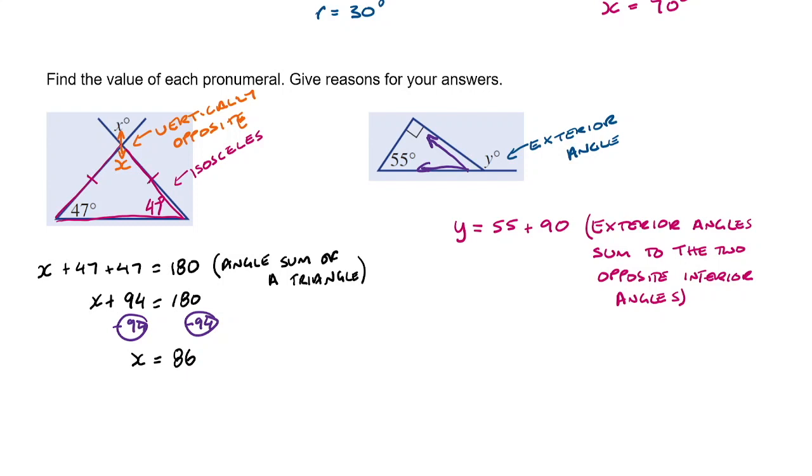And then 55 and 90 adds to 145. Easy peasy lemon squeezy.